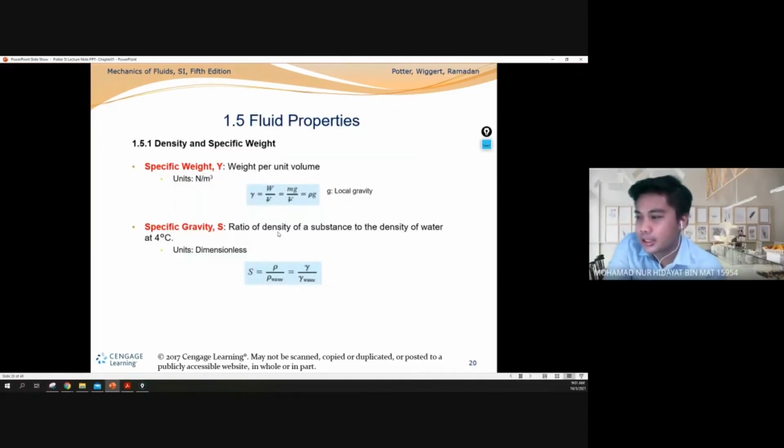Oh, the ratio of the density of the substance to the density of water at 4 degrees Celsius. Basically, this is a typo. I will revise it later on.